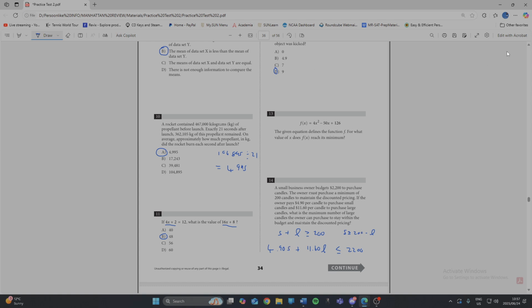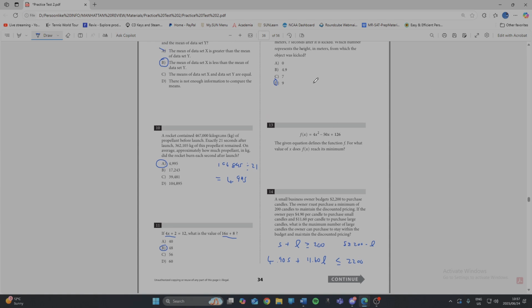Okay, so I will continue with it up here. So we could use 4.90 times (200 minus L) plus 11.60 L would have to be smaller than 2,200. Right, so let me multiply this out.